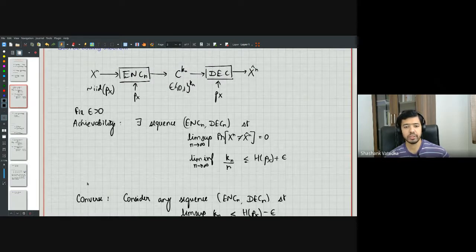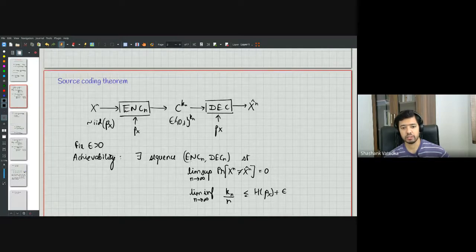So although we will be dealing with mostly IID sequences in this course, and also in our previous course on information theory, these results hold for much more general sources. So you can compress a sequence to a rate close to the entropy rate, and it's impossible to compress at a rate below the entropy rate. And this holds for IID sources, it holds for kth order Markov sources, it holds in general for stationary and ergodic sources.